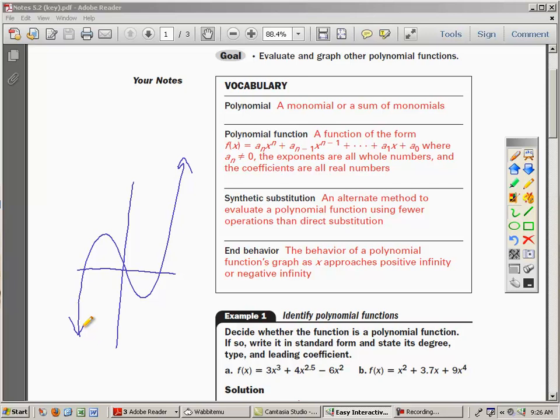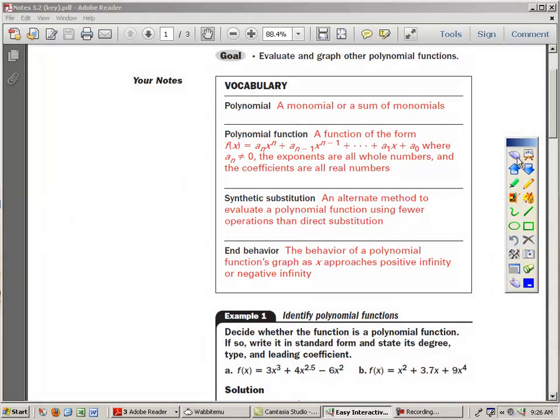But we're saying, what happens to the function values as x approaches infinity, and what happens to f of x down here as x goes to negative infinity? By the way, that little symbol there means infinity. So what happens to the function as x goes to infinity? What happens to the function as x goes to negative infinity? That's called end behavior. Basically, how does the function behave on its ends?